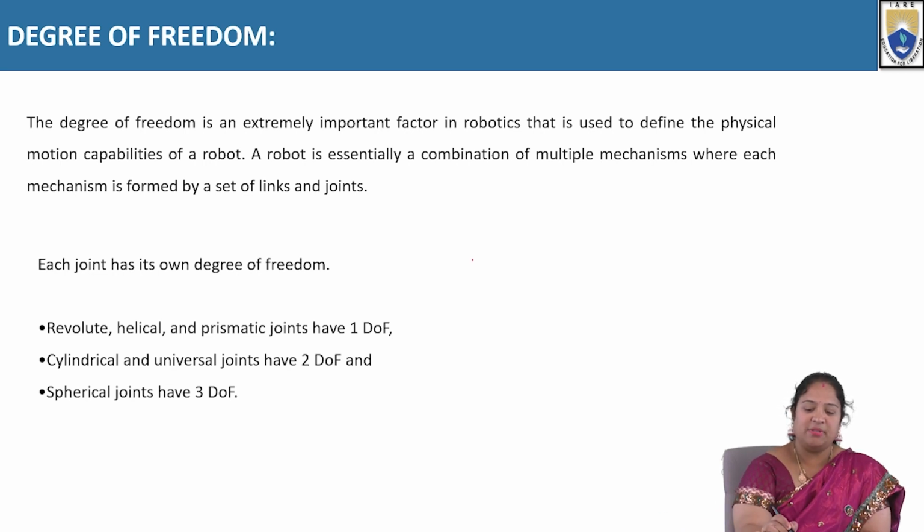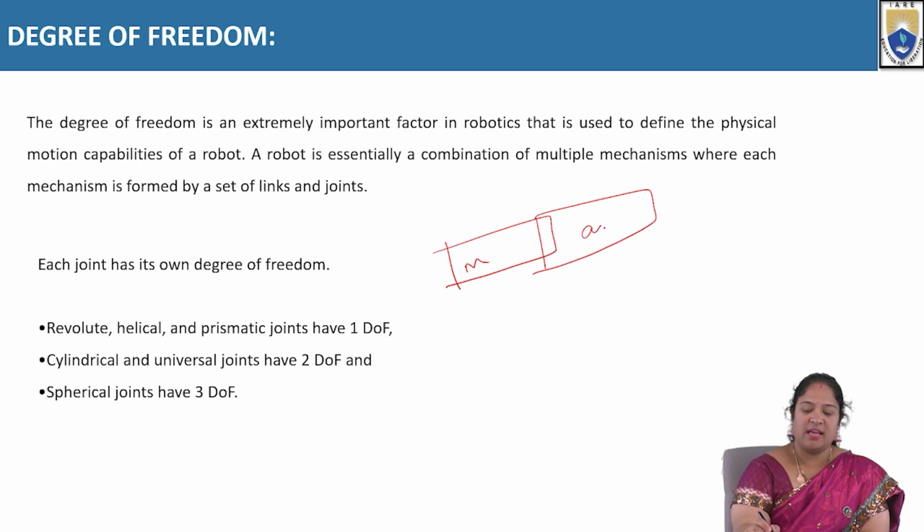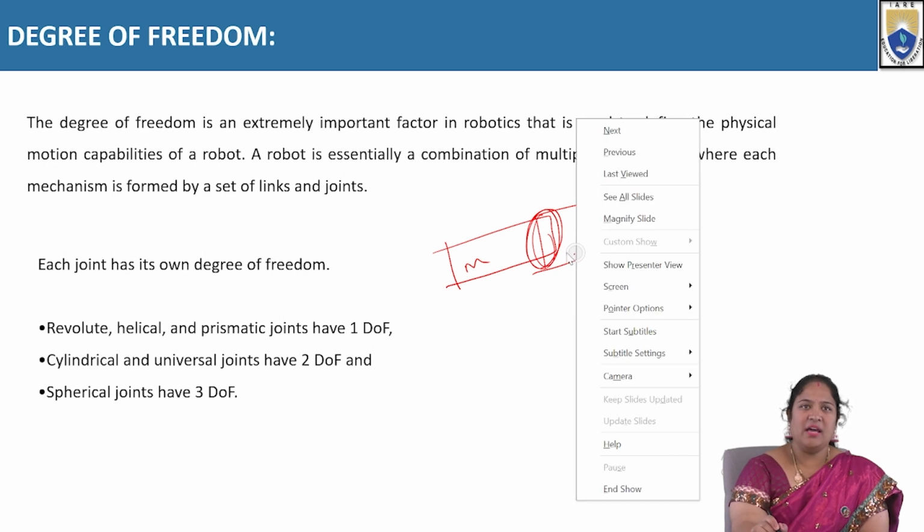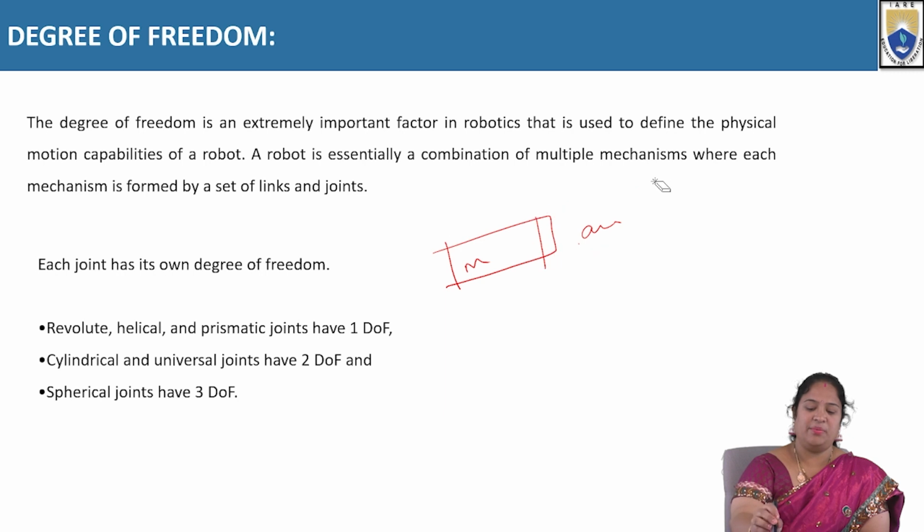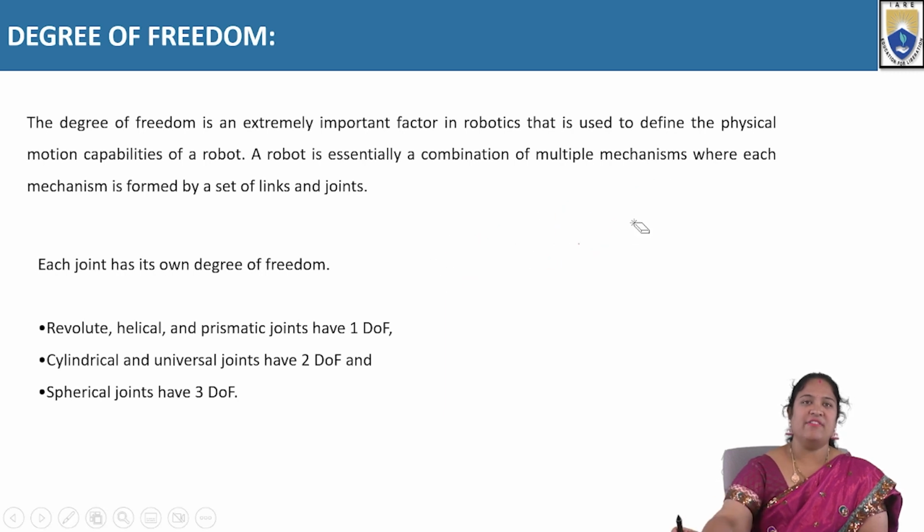For example, this is the manipulator and this is the arm, so this is the joint between the manipulator and the arm. Each joint has its own degrees of freedom.